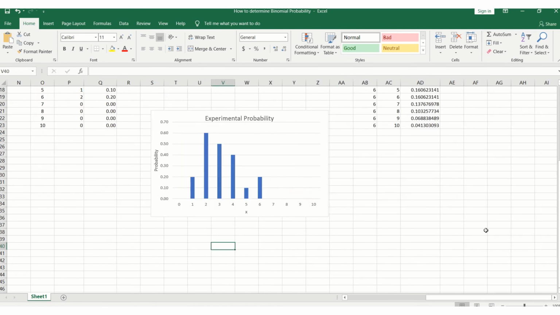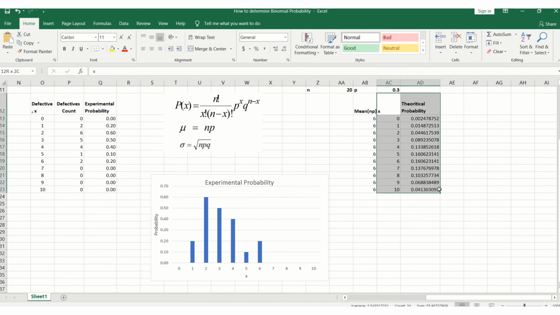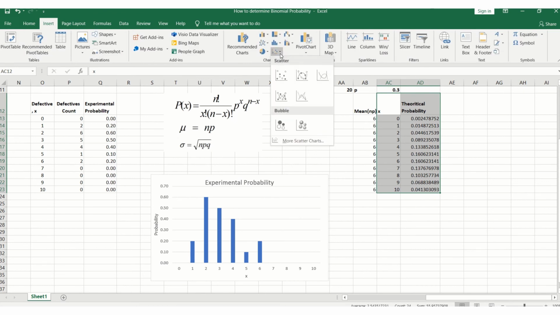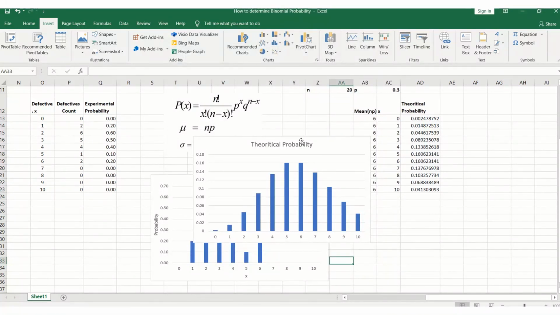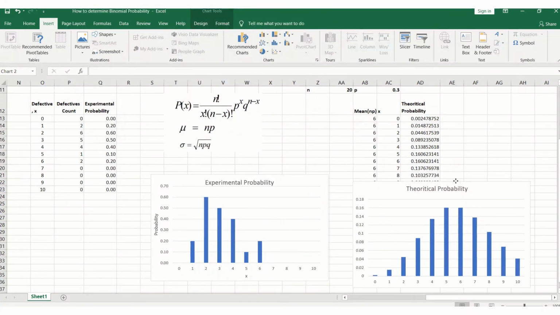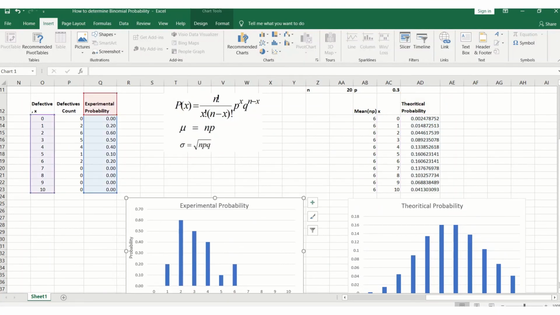Now for plotting the theoretical probability, I pick this. After selecting this, insert, charts. This is for the theoretical probability.